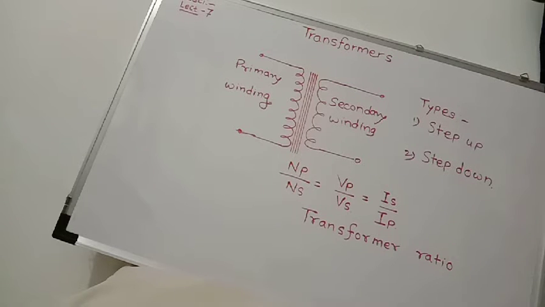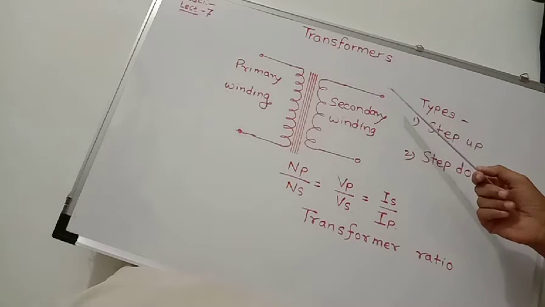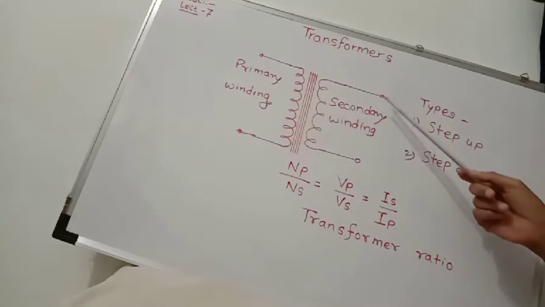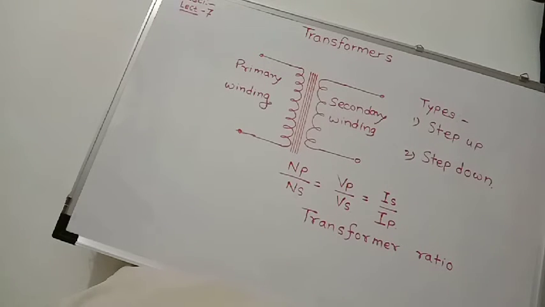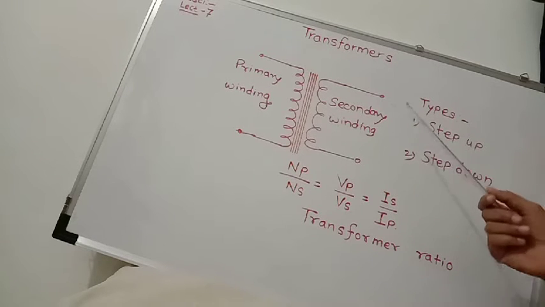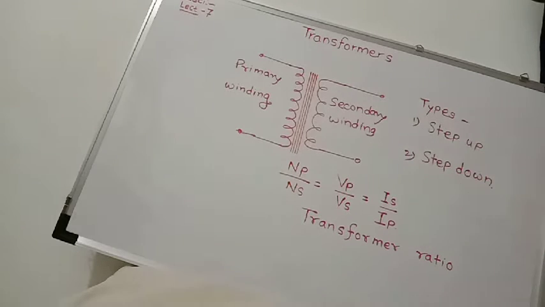step down transformer. In a step up transformer, the output voltage across the secondary winding is larger than the primary voltage. The primary is always connected to the 230 volt AC mains supply, and we get the secondary voltage across the secondary winding.